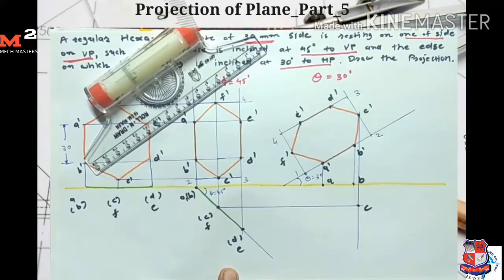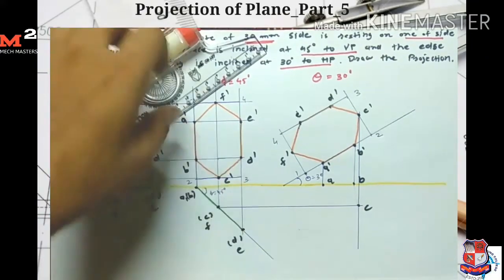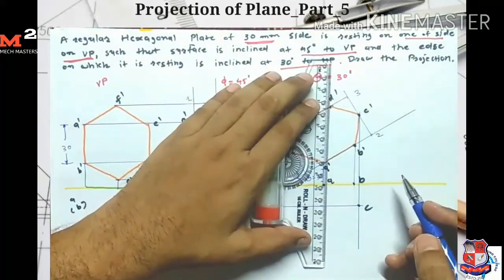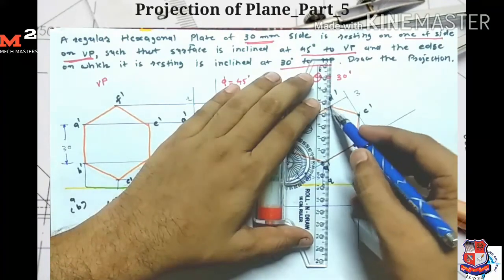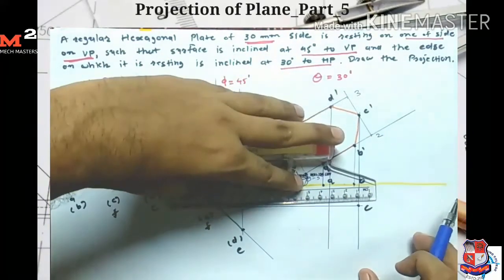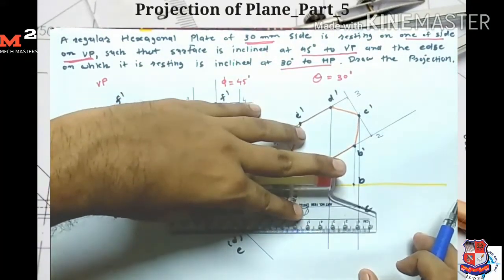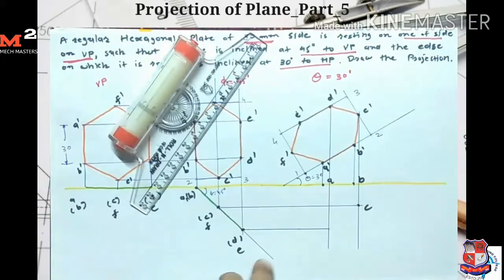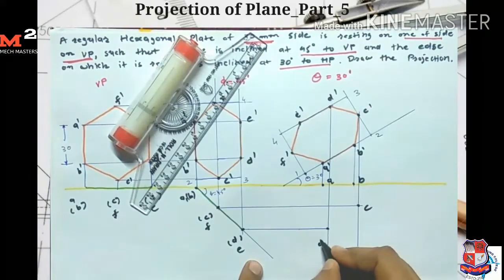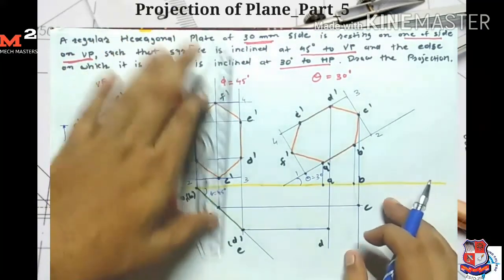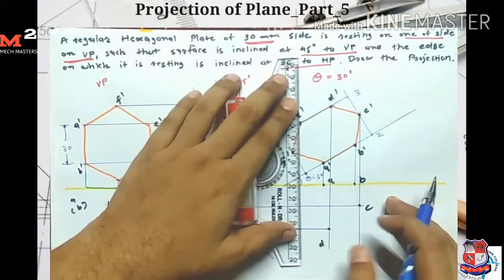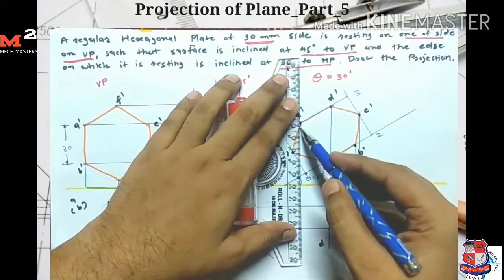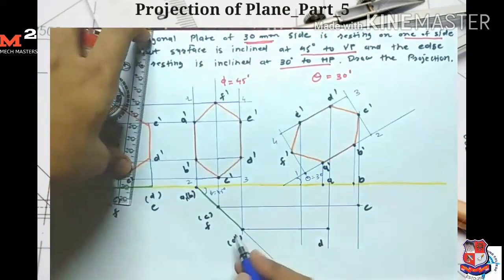Now for point D, I take the projection from here and from here. So I get my point D here. Now for point E, I take the projection from here and from here.